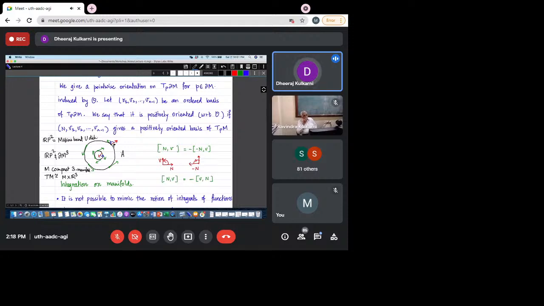You can take this union along their common boundary in a smooth fashion as well. Because RP2 contains the Mobius band, you can show that RP2 cannot be oriented.